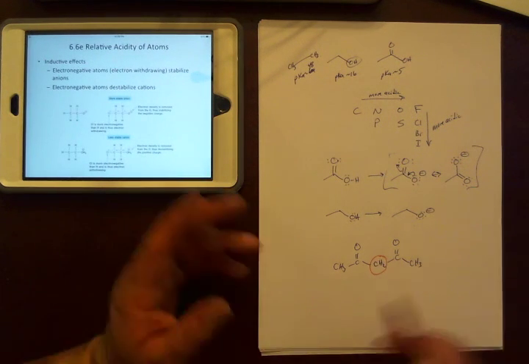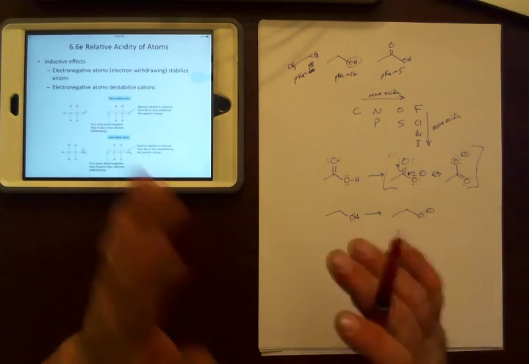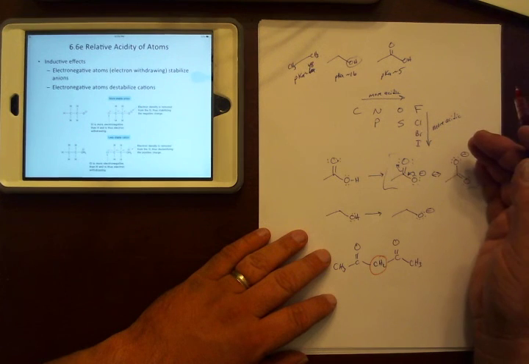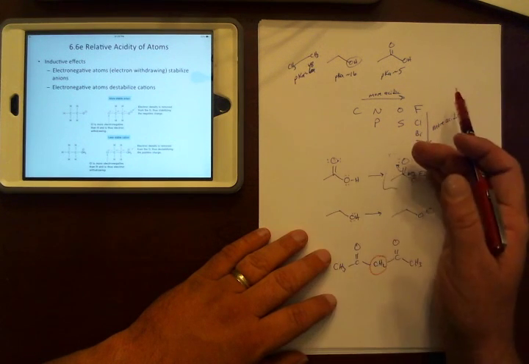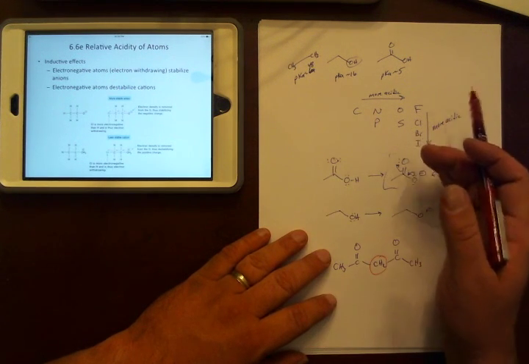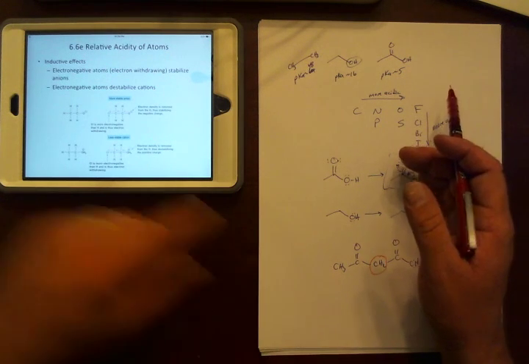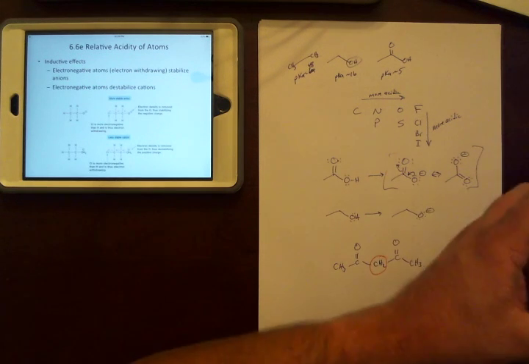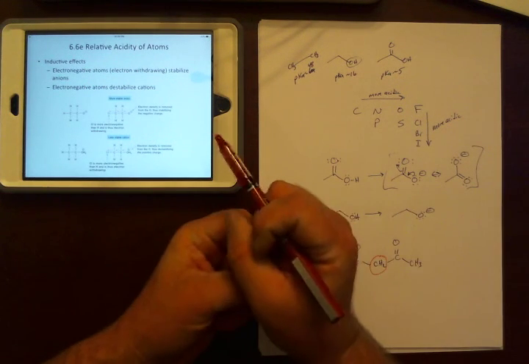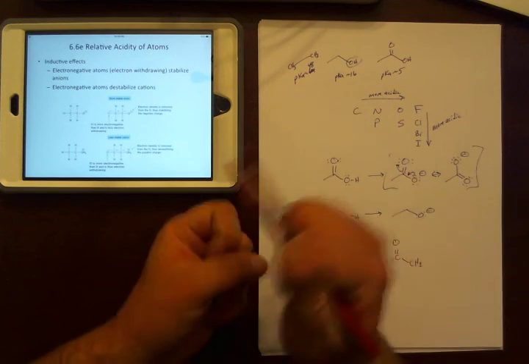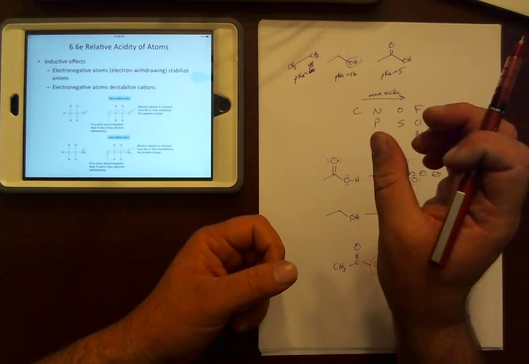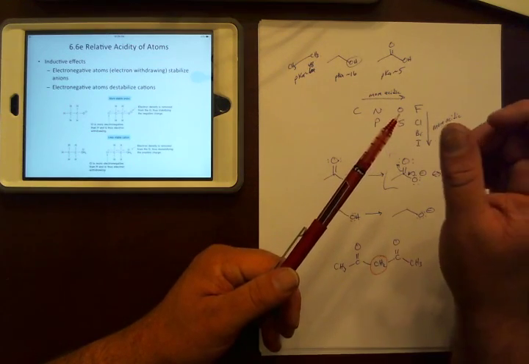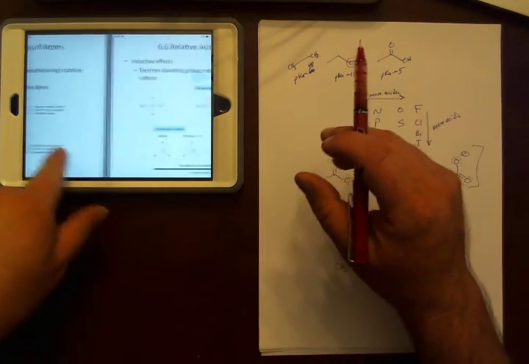Now you also have these inductive effects. Basically, if you have an electronegative atom, the more electronegative it is and the closer it is, the more acidic the hydrogen is going to be, because that electronegative atom is pulling electron density towards it, and so it's weakening that acidic bond.